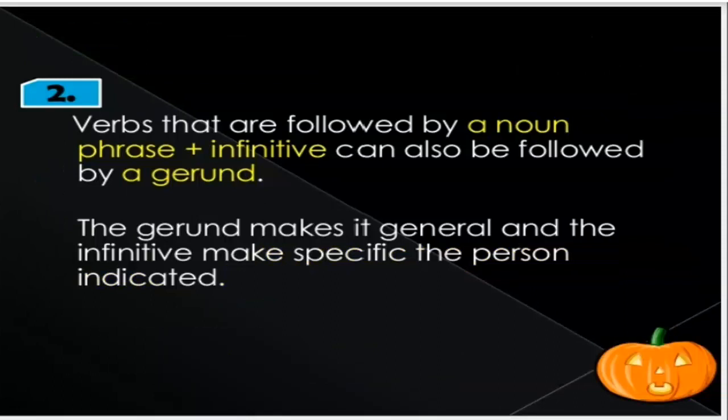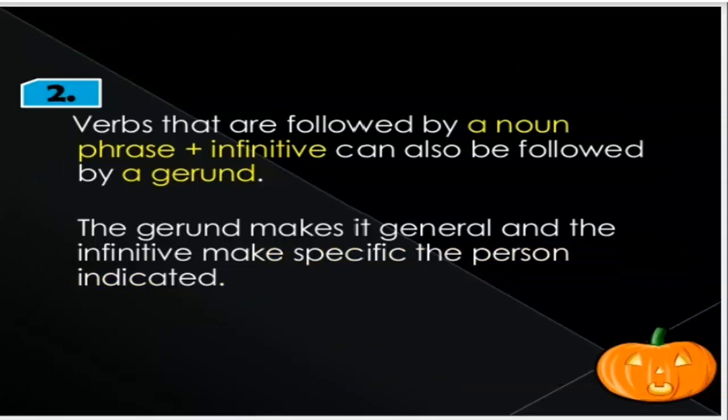Second point, verbs that are followed by a noun phrase plus infinitive can also be followed by a gerund. The gerund makes it general and the infinitive makes specific the person indicated. Now for students who don't know what a noun phrase is, you may please refer to my video on phrases. I have detailed descriptions of all the types of phrases in that video.